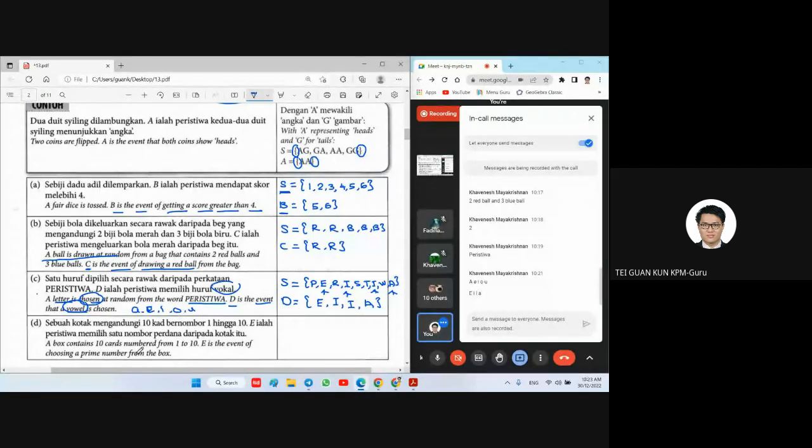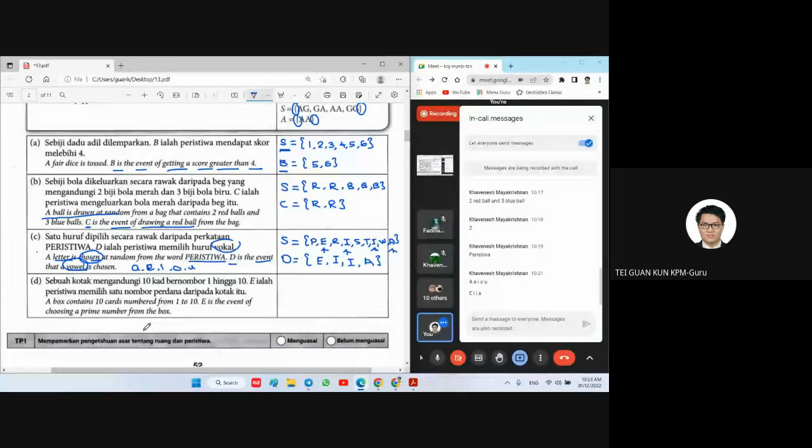Okay, next. D. A box contain 10 cards, numbers from 1 to 10. So, apa yang ada dalam box tu? Cards lah.